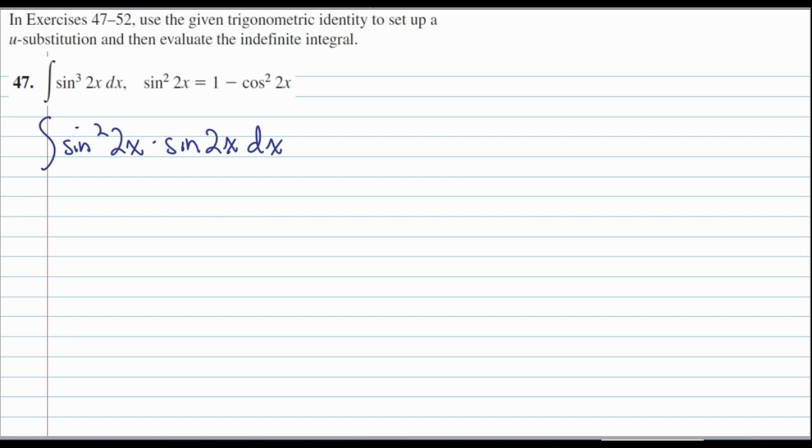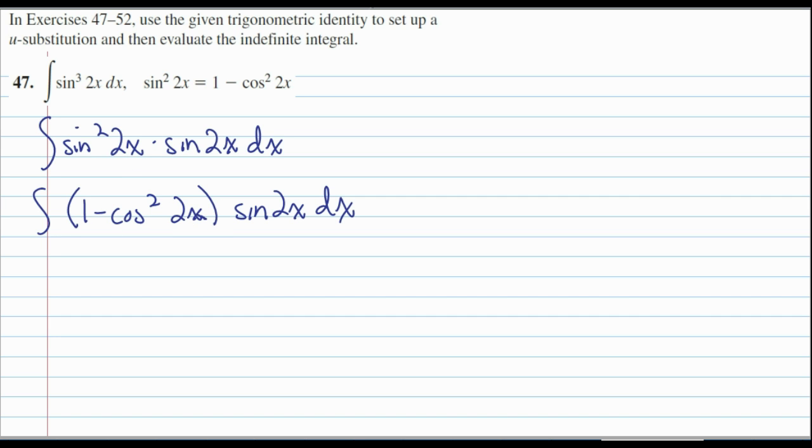Baby steps. All right, so sine squared of 2x can be written as 1 minus cosine squared of 2x, which is nice because then cosine and sine are related by a derivative, and it looks like I can use some u substitution there. So I'm going to make sine squared of 2x 1 minus cosine squared of 2x.